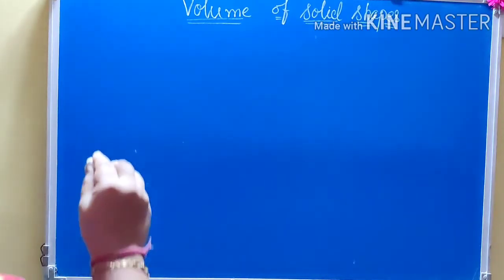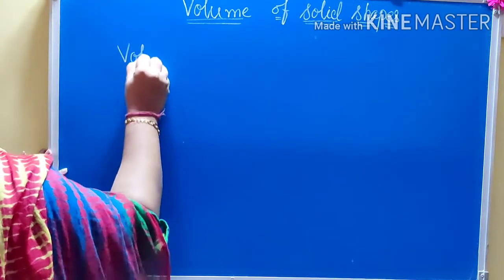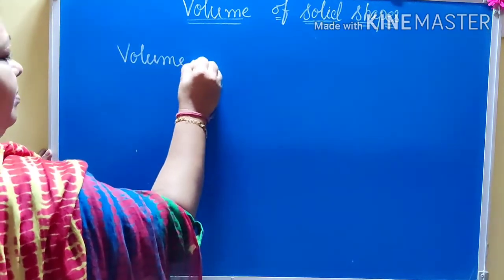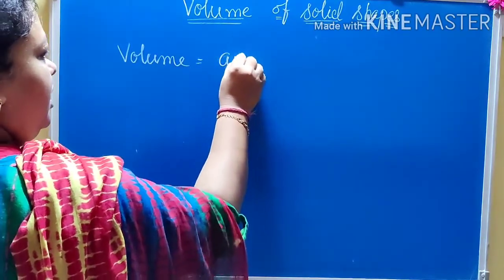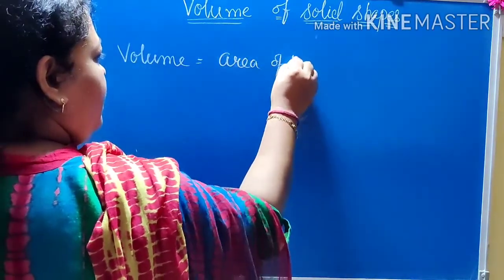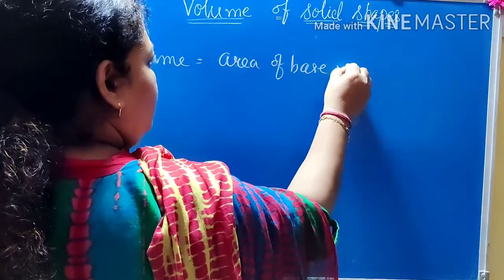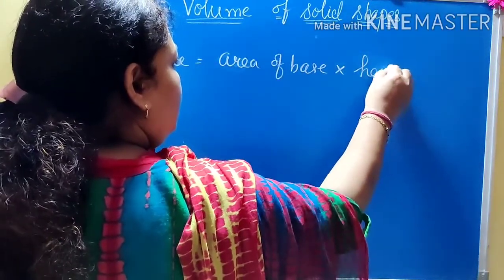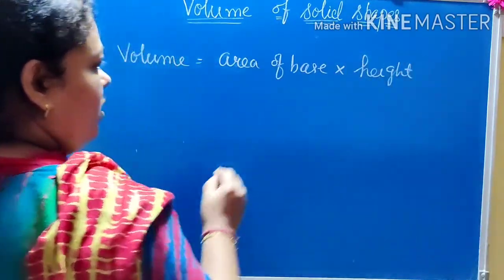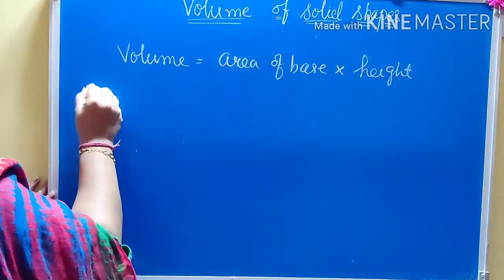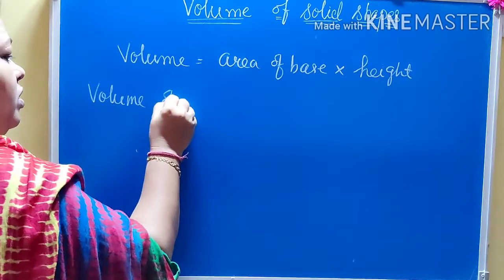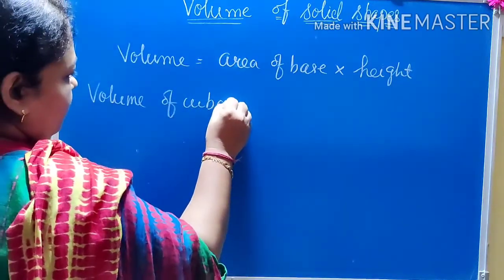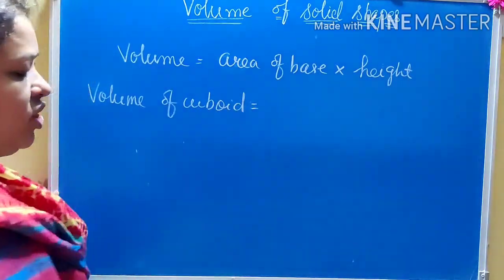We know that volume of an object is given by the formula: area of base into height. Now if we are talking about the cuboid, how will you get the volume of a cuboid? Volume of cuboid will be equal to area of base.